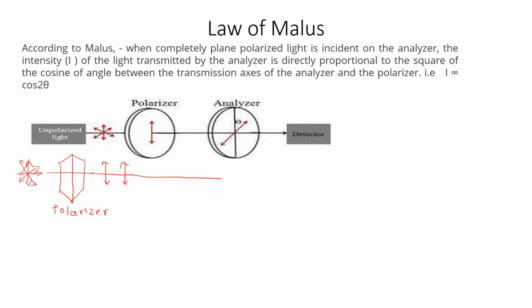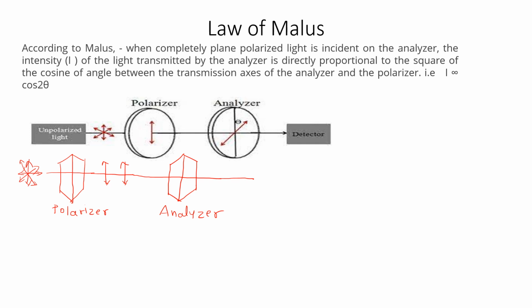Now suppose this light which is emitted by the polarizer is allowed to pass onto the second plate. We will call the second plate the analyzer. So the light which has vibrations only along one direction, which is plane polarized light, is incident on the analyzer.